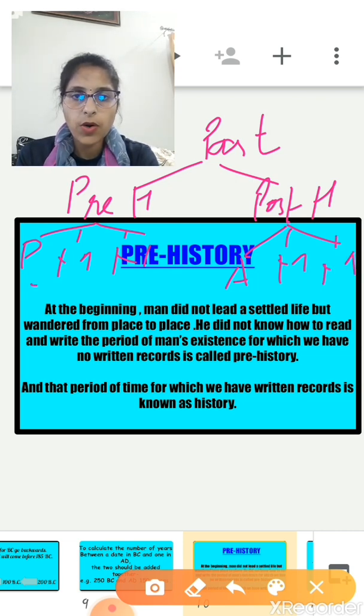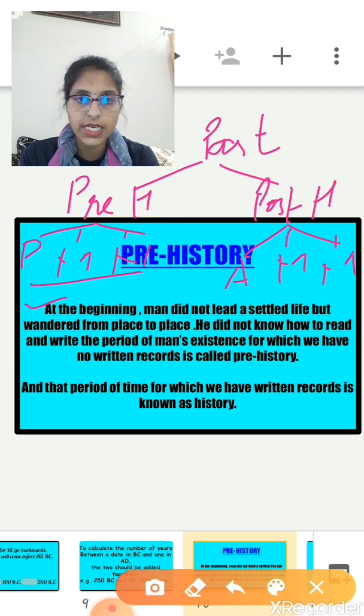About prehistory, you already studied in 6th standard, right? So let's start with prehistory. In the beginning, man did not lead a settled life but wandered from place to place. He did not know how to read and write. So the period of man's existence for which we have no written records is called prehistory.